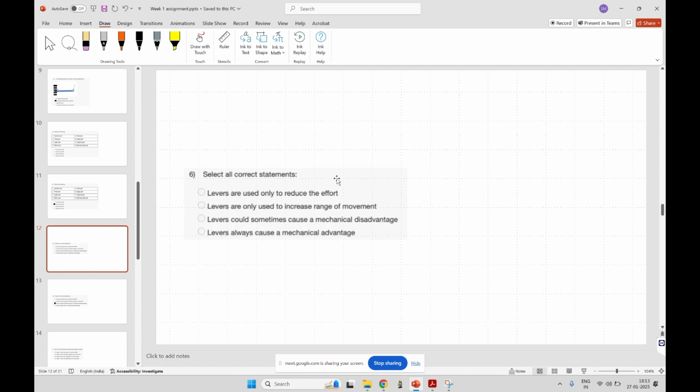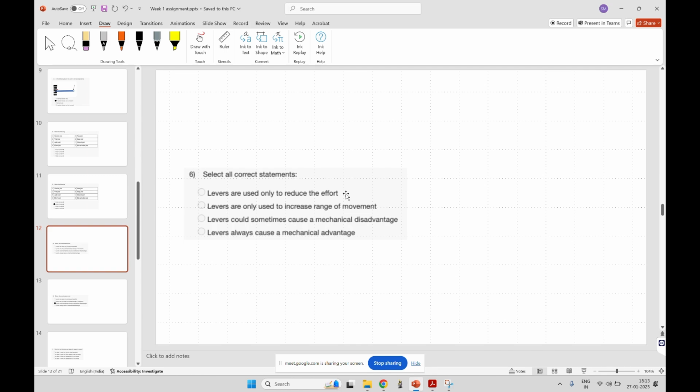Okay, coming to correct statements: levers are only used to reduce effort, which is not true. It can have an advantage or it might be a disadvantage. Levers are only used to increase the range of movement, also not true.